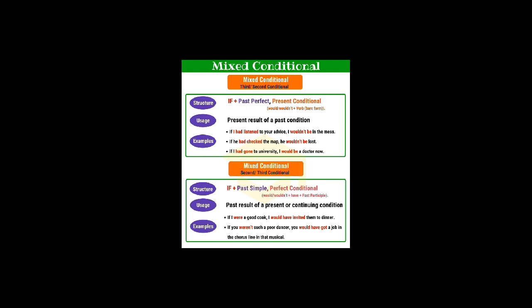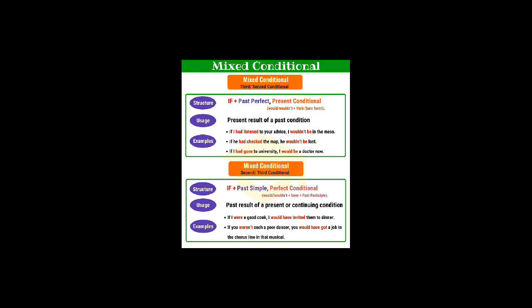That is, we mix two different conditionals in the same sentence. That is, we have for example the condition from the third type of conditionals and the result from the conditional type 2.